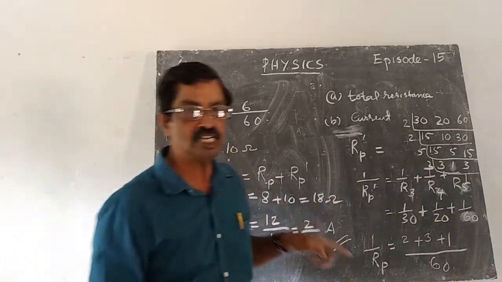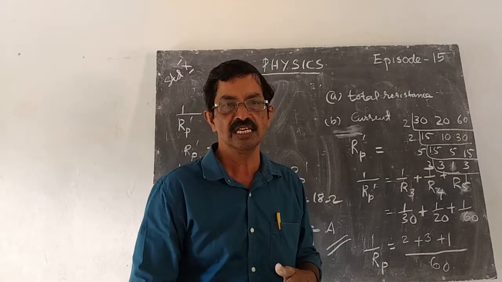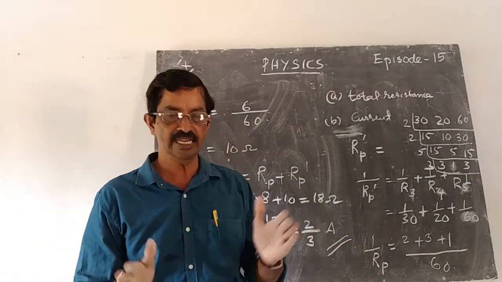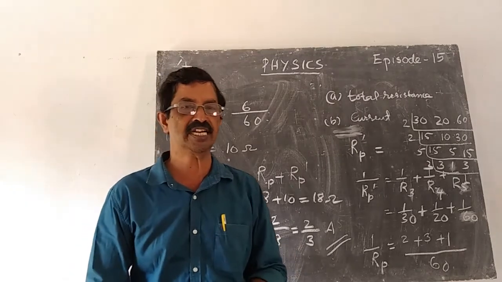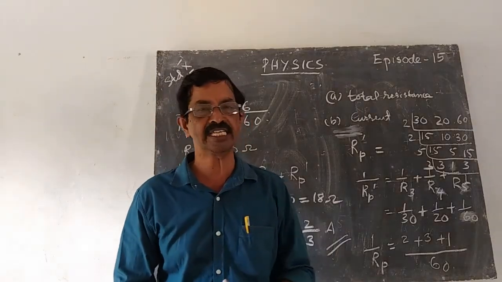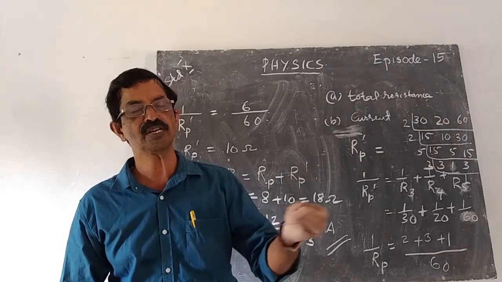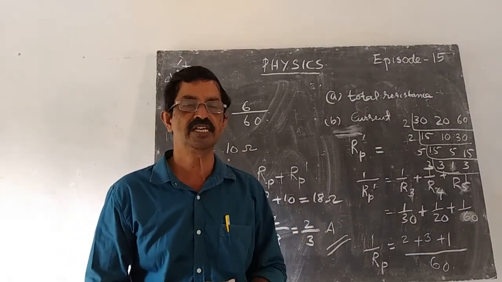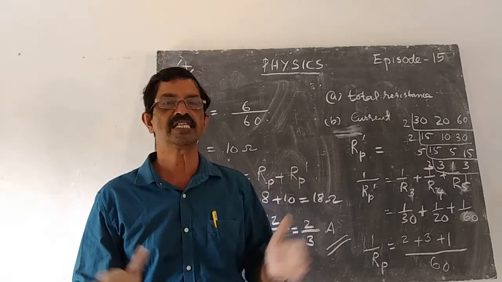Then the advantage of connecting in parallel in a circuit: if we connect resistors in series, for example a bulb and a heater in series, a bulb requires a very small current, but a heater requires a very large current at the same voltage.